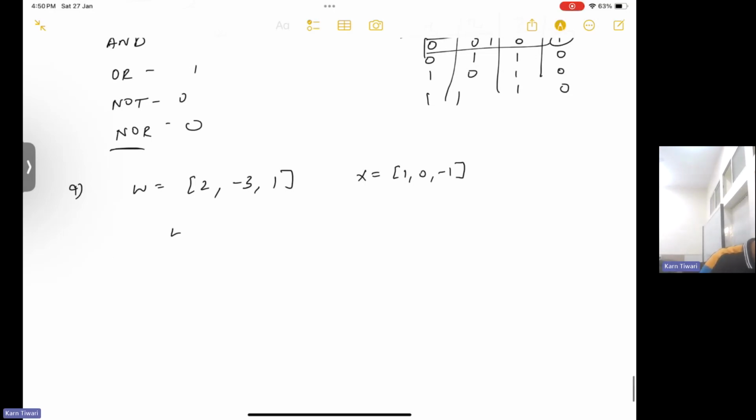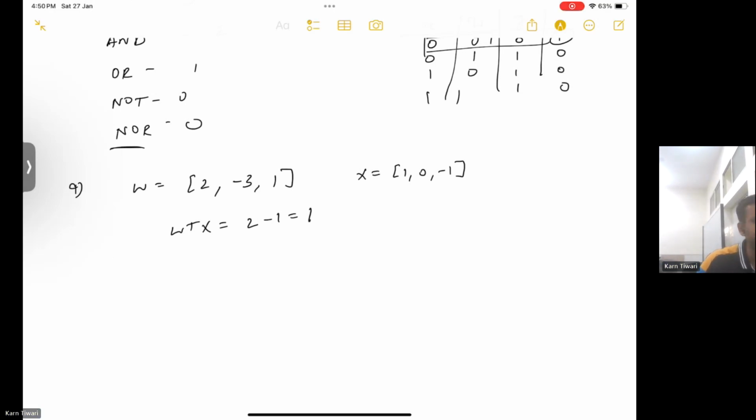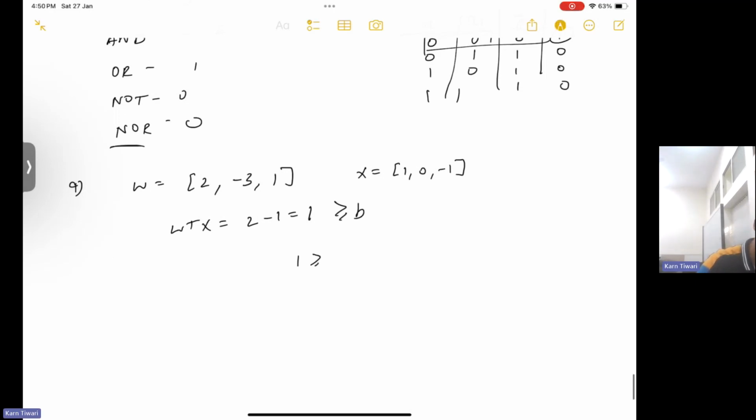First of all, let's calculate W transpose X, which is 2 minus 1, equal to 1. And bias is given as minus 2. So it is 1 only when it is greater than the bias. In which case, 1 greater than minus 2.